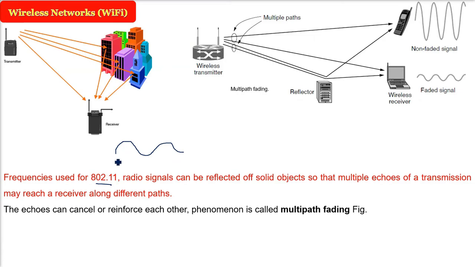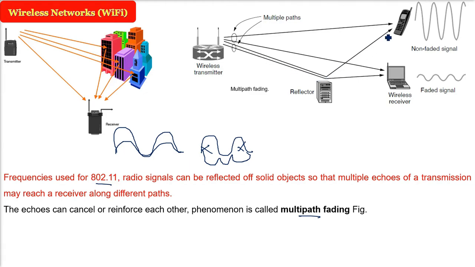For example, two signals may reinforce each other, or the two signals may come out of phase, so they may cancel each other. This phenomenon of cancelling is called multipath fading. This is very natural, and most of the design issues revolve around this discussion.